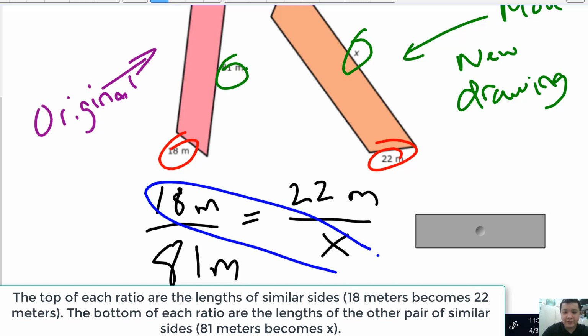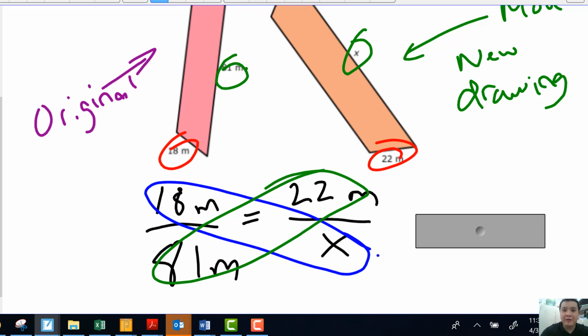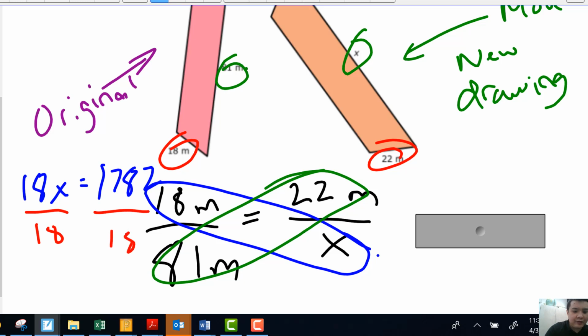When we do that, we find that we get 18x equals 22 times 81, which is 1,782. We're going to divide both sides by 18. We find that x equals 99 meters.